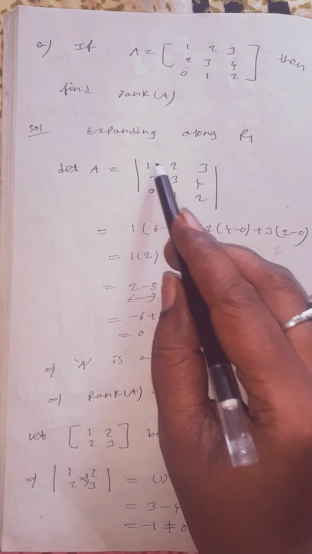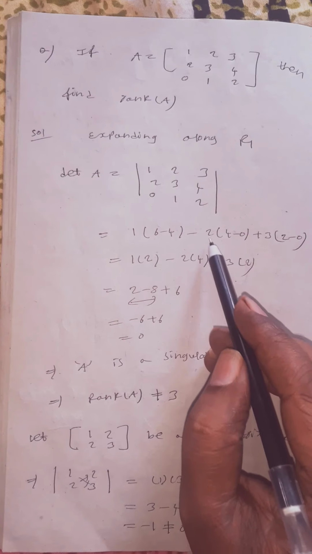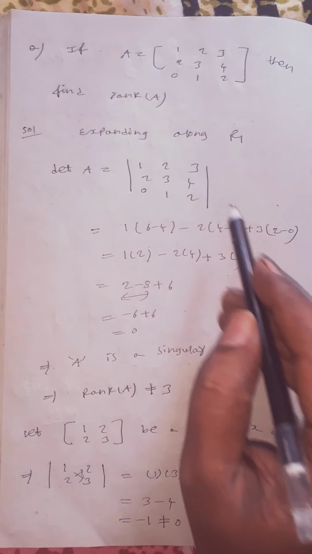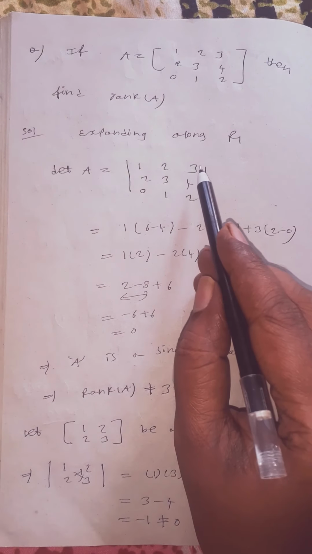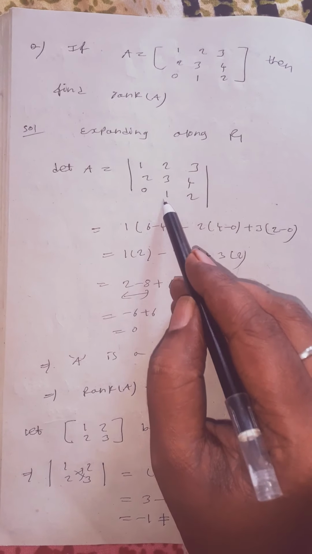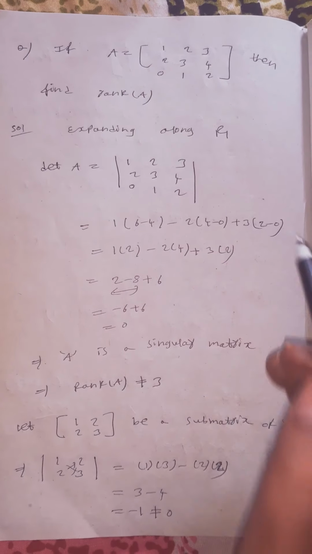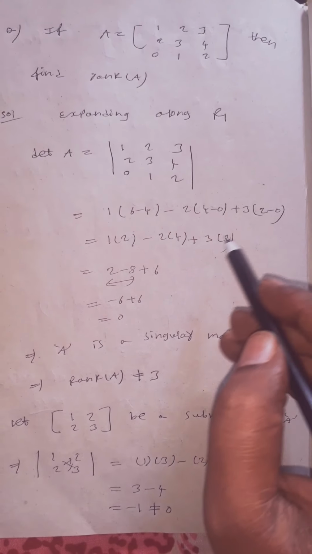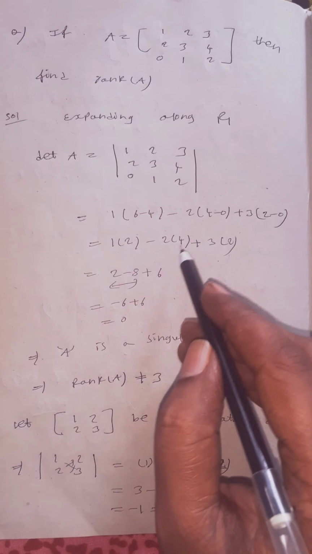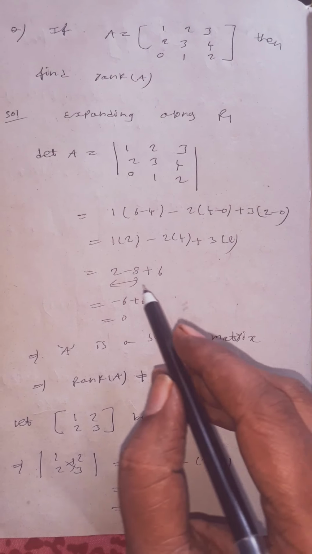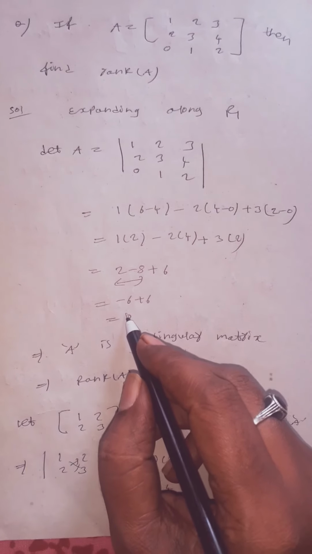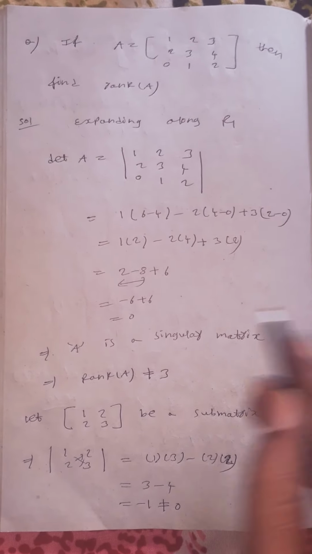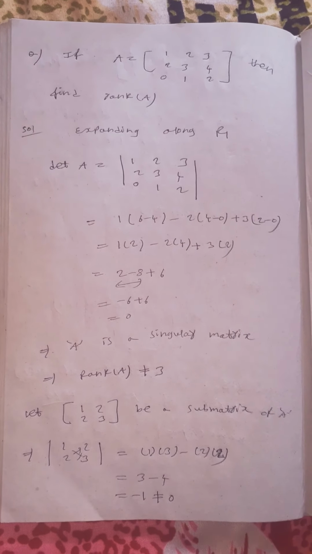Next, plus minus plus, means minus 2 into (2 into 2 is 4, 0 into 4 is 0), plus 3 into (2 into 1 is 2, minus 0 into 3 is 0). So 6 minus 4 is 2, 4 minus 0 is 4, 2 minus 0 is 2. So 1 into 2, 2 into 4 is 8, 3 into 2 is 6. 2 minus 8 is minus 6. Minus 6 plus 6 is 0. So A is a singular matrix. Rank of A is not equal to 3.